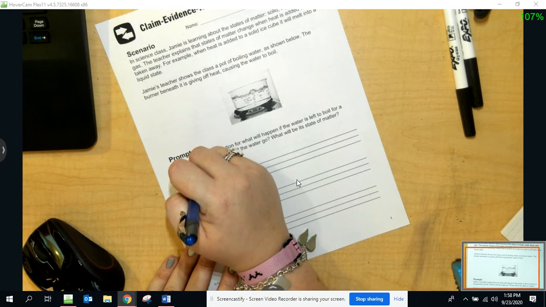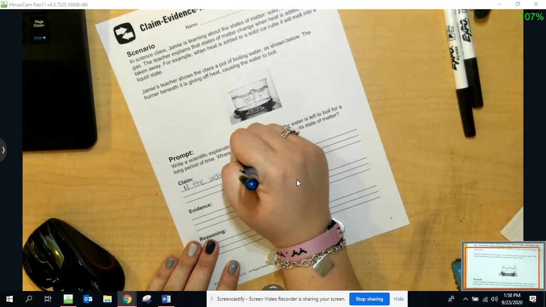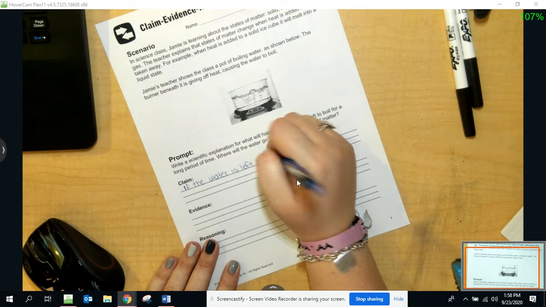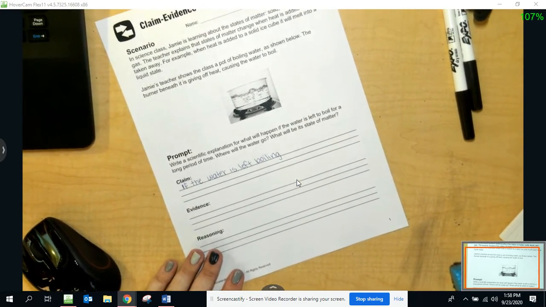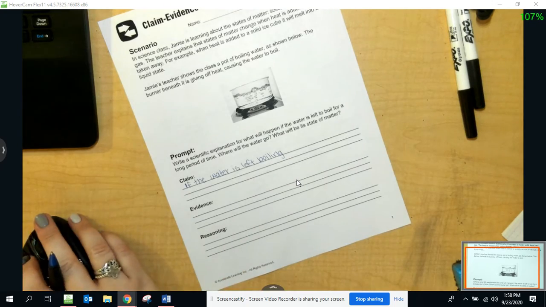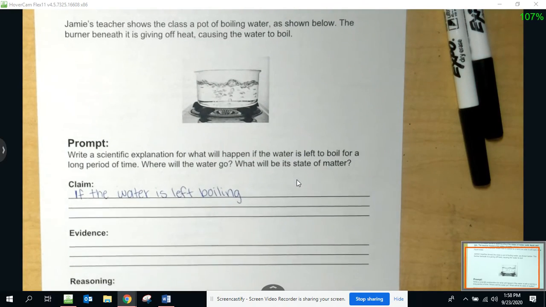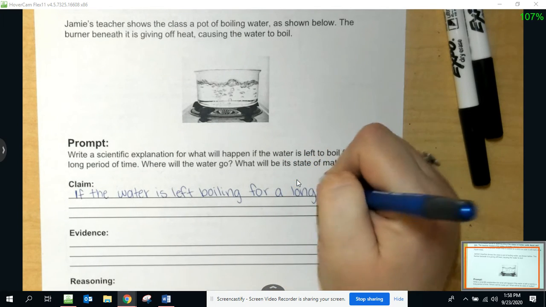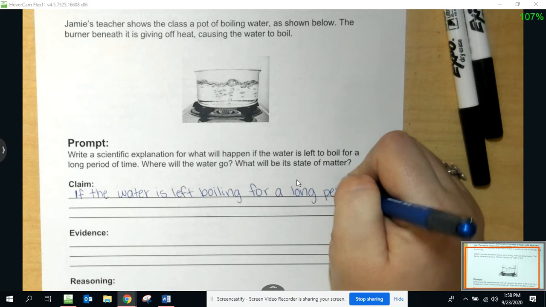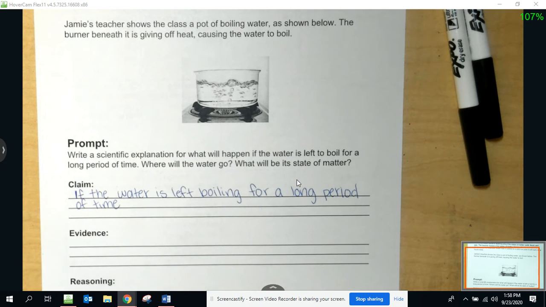So if the water is left boiling for a long period of time, because that's what the question is asking, all of the liquid will go where?